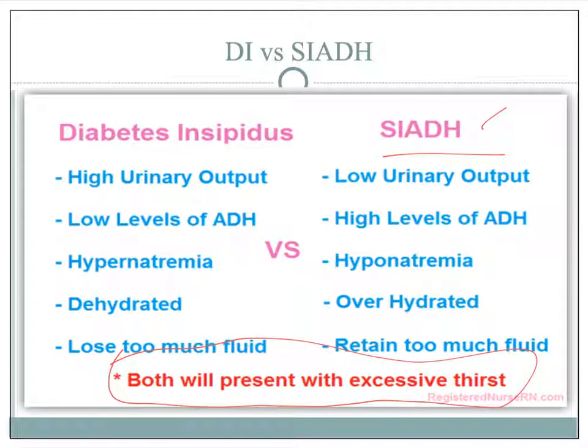So you can have them chew gum, suck on ice chips, suck on hard candy to help with their thirst because you can't give them fluid. These guys, you can give them some fluid, so that's how you would fix their thirst. But there are other ways to help people with the dry mouth, and that is frequent mouth care, and hard candy or chewing gum can help with that.